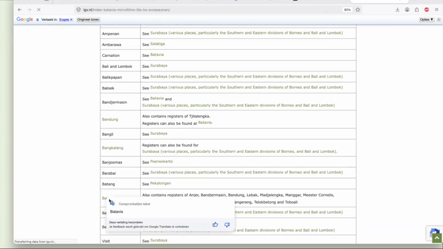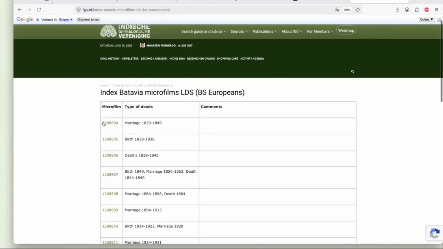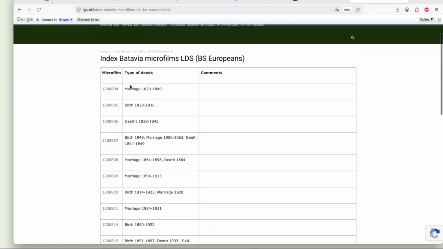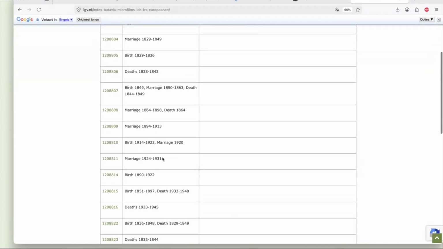So you click, and then it gives the microfilm number and what types of records are on the film: marriages, births, deaths. Now we have to look for a birth, 1878. That would be in this film. And then you click on the film.